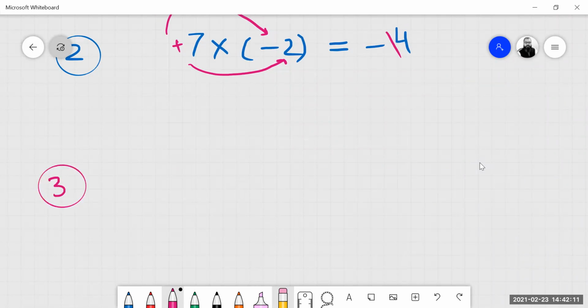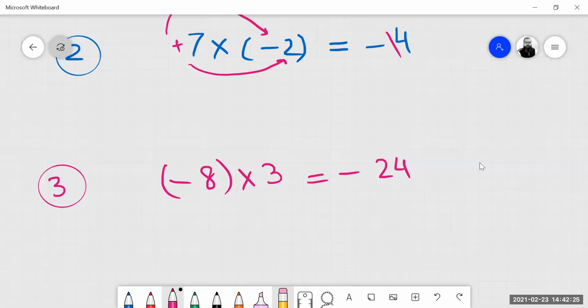Okay, now question number 3 is minus 8 multiply 3. So what will be the answer? Plus multiply minus, minus 8 multiply 3, 24.